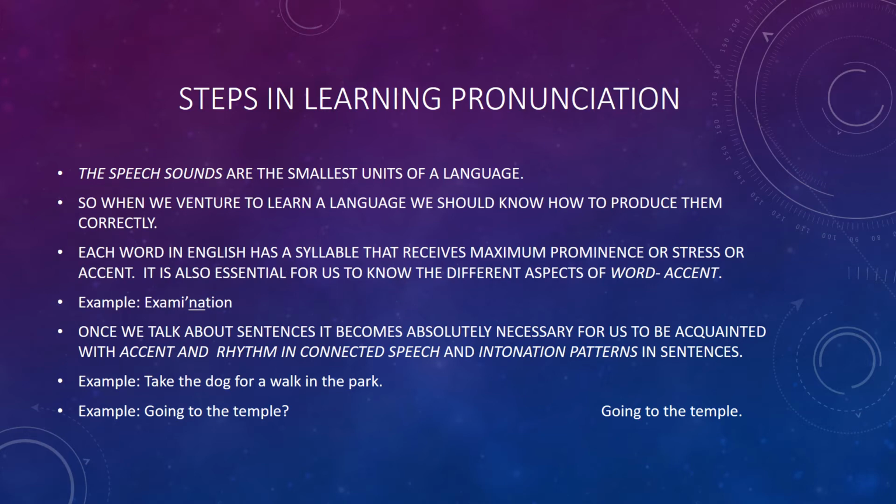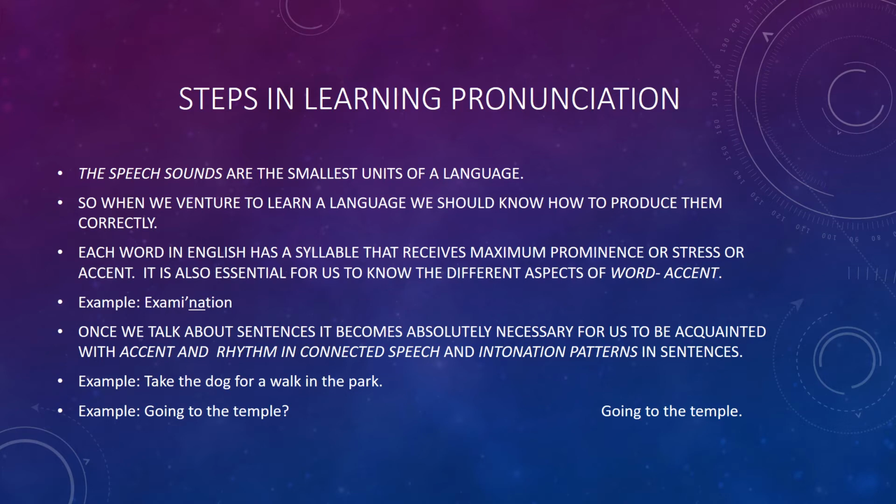The next step is to pronounce the words correctly, and for that we need to know about the word accent or word stress. Each word in English has a syllable that receives maximum prominence or stress or accent. It is that syllable which stands out from the rest of the syllables in that particular word.